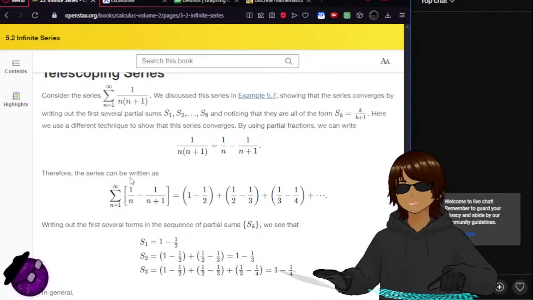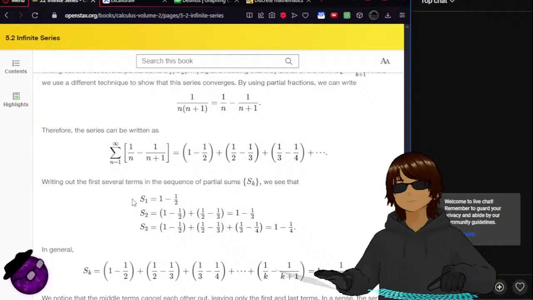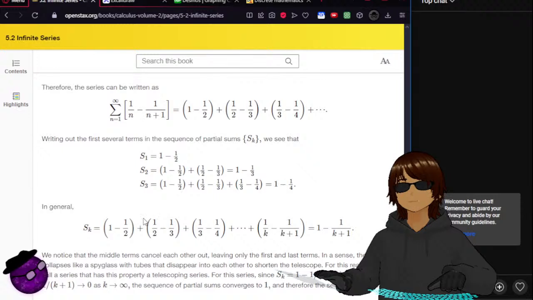Therefore, the series can be written as, or we can add them separately. Or maybe not. One over n.